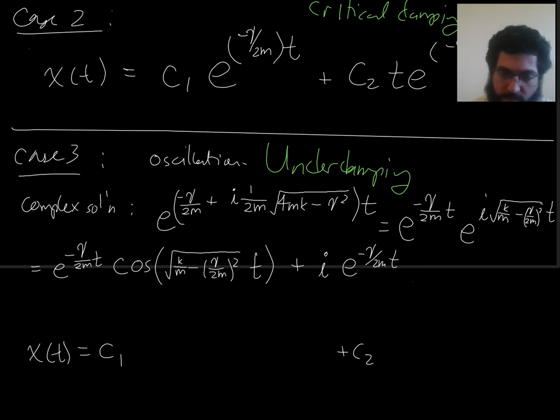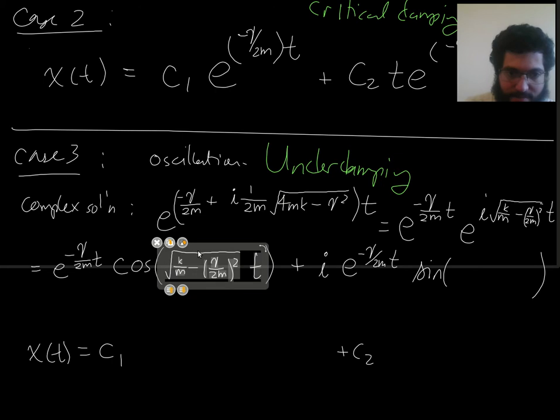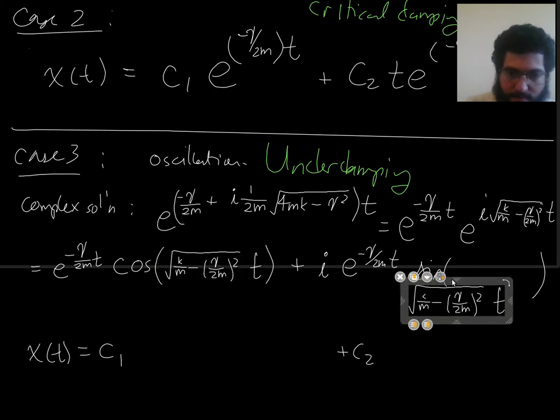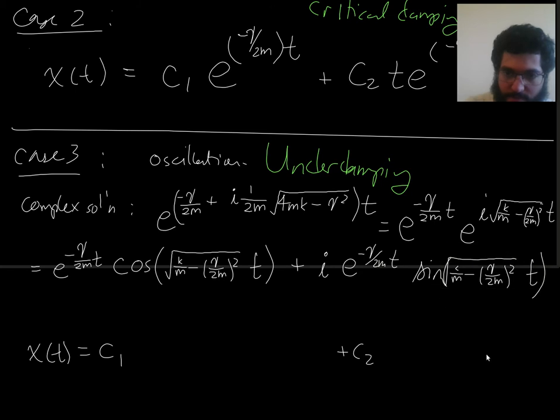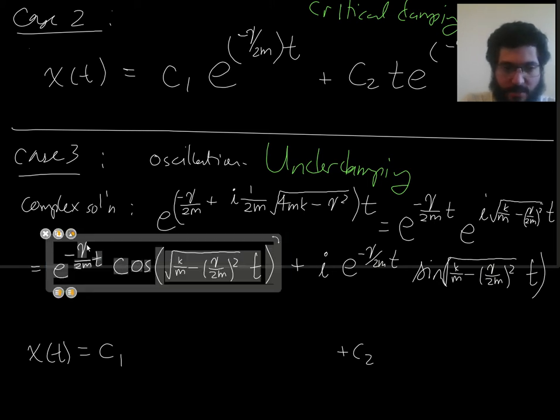So i times sine of the same thing. Let me be lazy here and copy it over. So the purpose of doing that is that we now can see the real and imaginary parts of the complex solution.